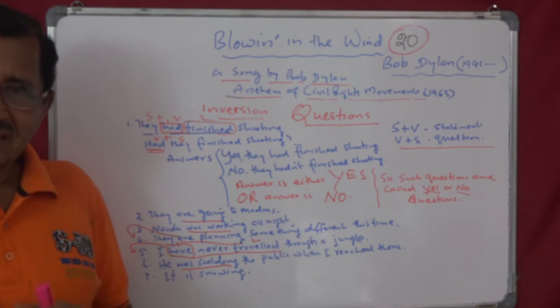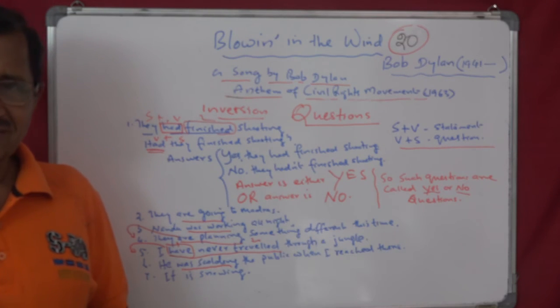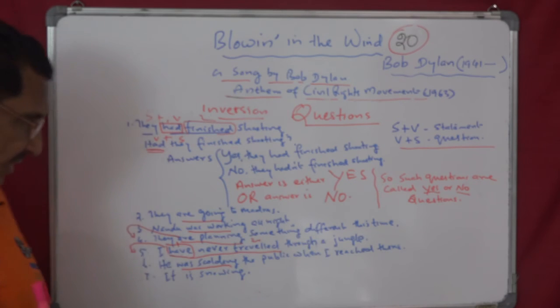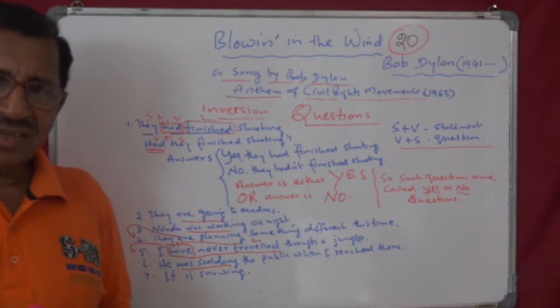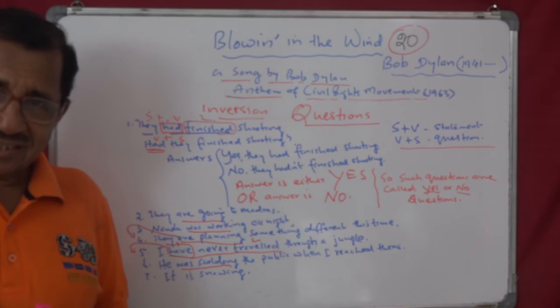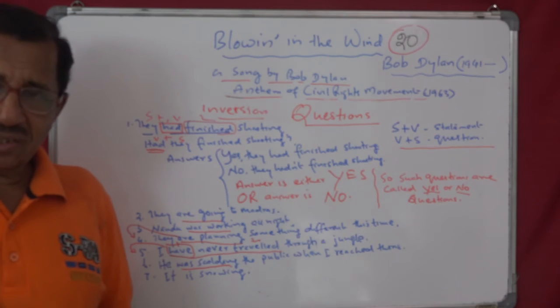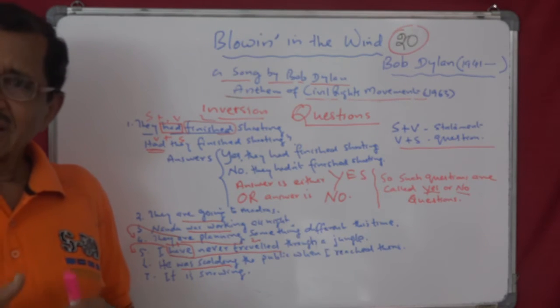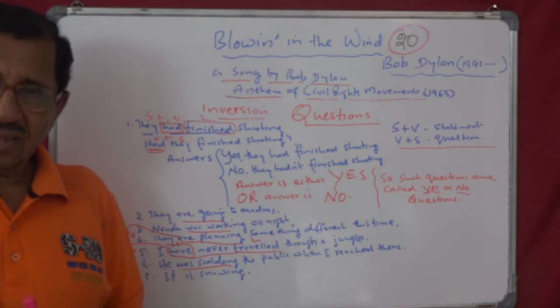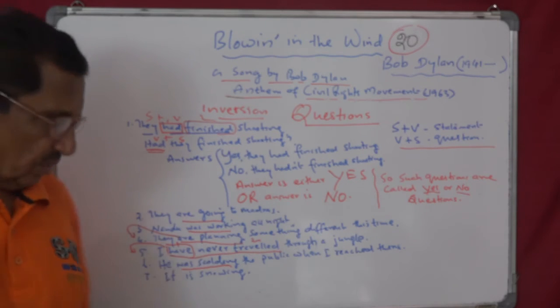Or yes, I have traveled. Understand? Then the sixth one is he was scolding. Was he scolding is the question. Yes, he was scolding. No, he wasn't scolding.